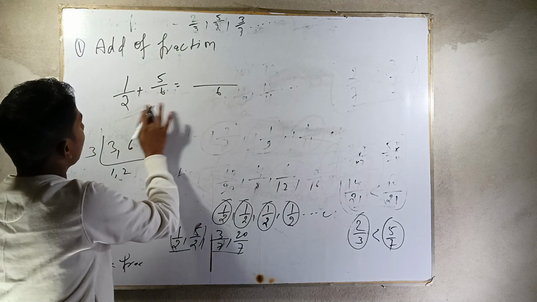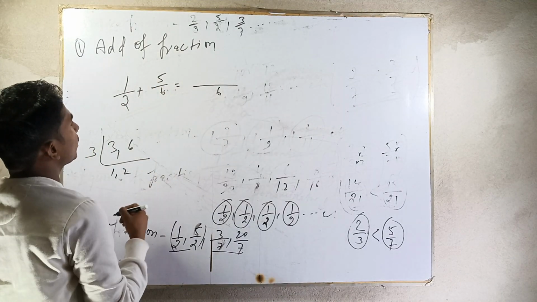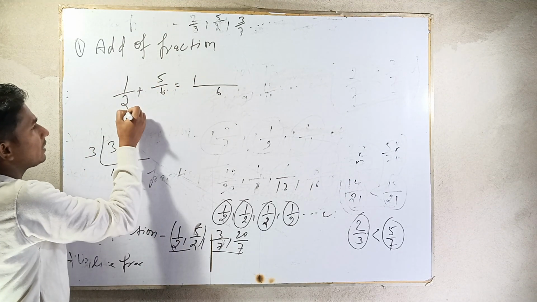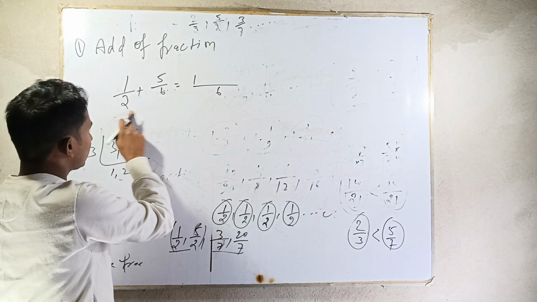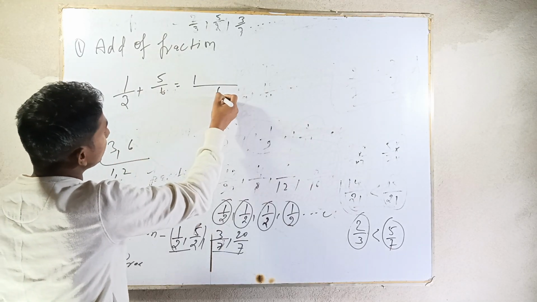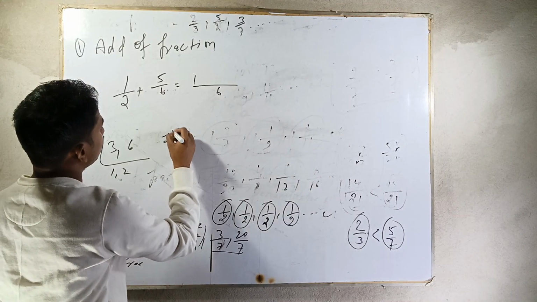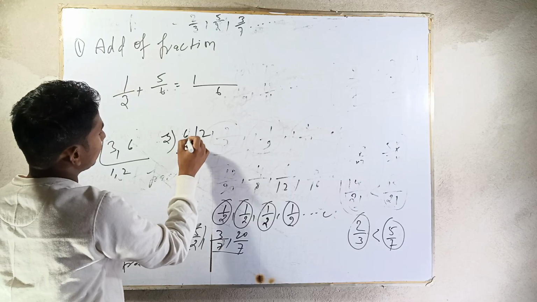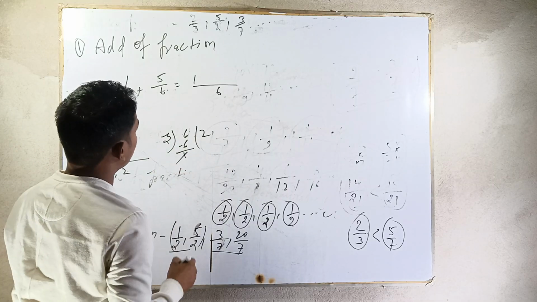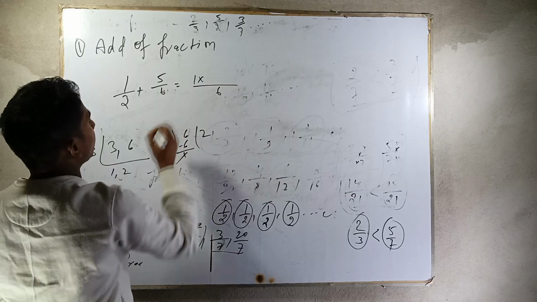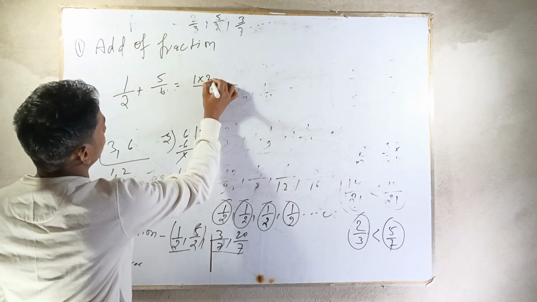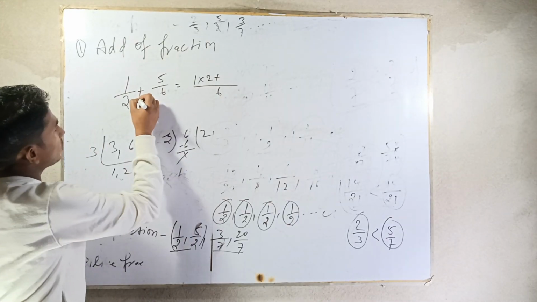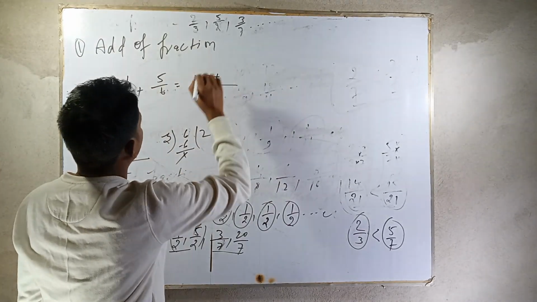Now, the next step: I divide 6 by 3, and I see that it is divided by 2. That means I need to multiply 1 with 2. Next is a plus. If there is a plus, then I must give the sign of plus.